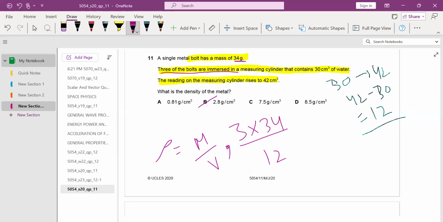So just a second, let me calculate it. 3 into 34 divided by 12. Answer is 8.5. So the correct answer is 8.5. Option D is correct for question number 11.